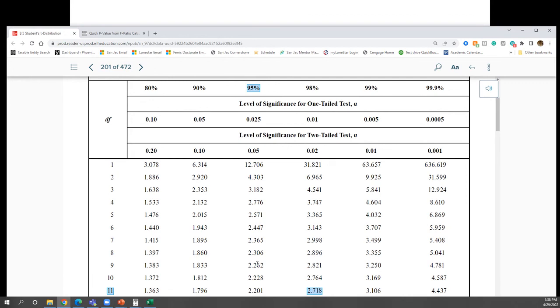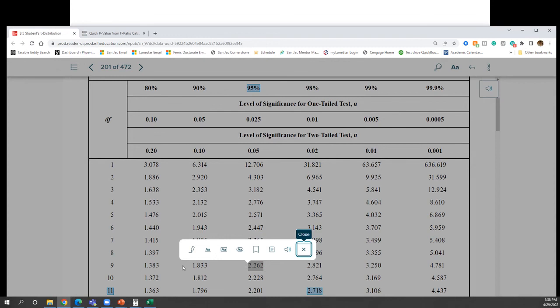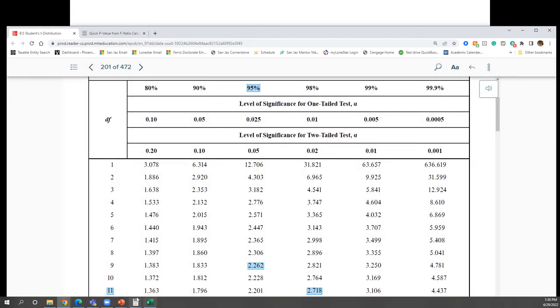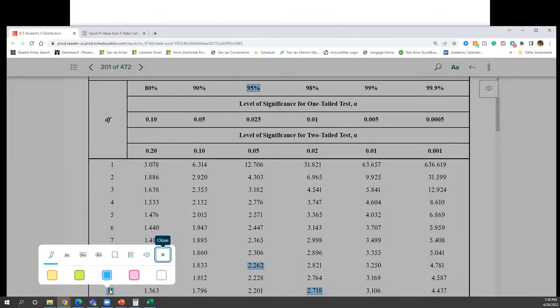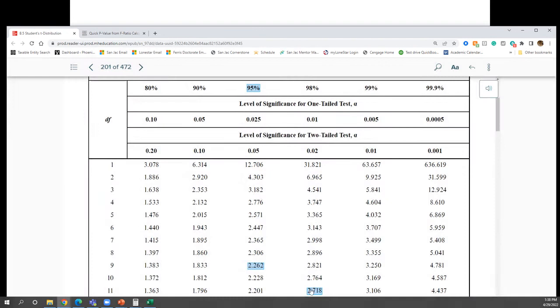So we're going to take 12 minus 3 because we have 3 treatments. This leaves us 9. Our t value ends up being 2.262. Okay. Get rid of these. So at 95% level, our t value is actually 2.262.